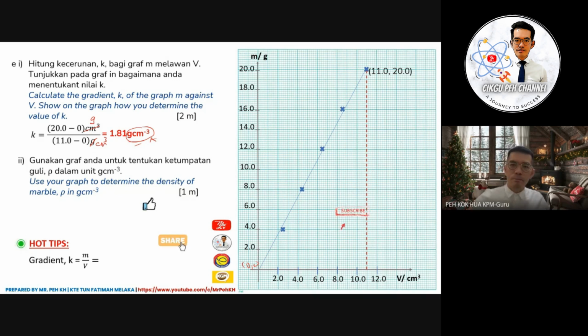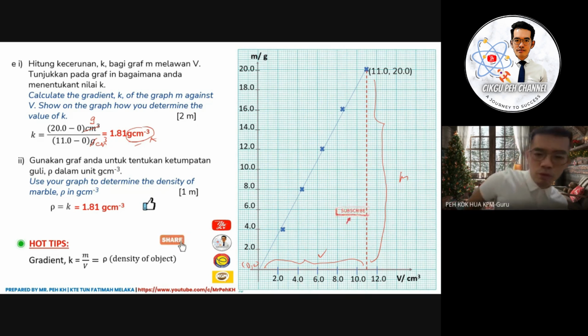K will be M divided by V, so it's equivalent to the density of the object. So we are very sure that the value of the gradient in the graph represents the density of the marbles. So the value for density will be 1.81 gram per cm cube. This is quite logical, since the marbles sink in the water, where the water density is only 1 gram per cm cube.